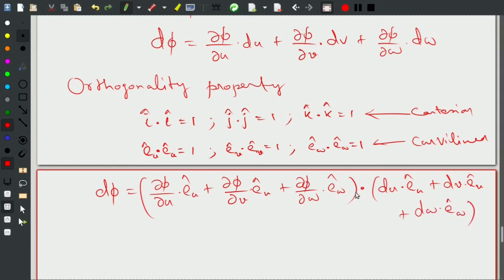If we make a dot product and use this orthogonality property, this form reduces to this one. So both these expressions are the same.